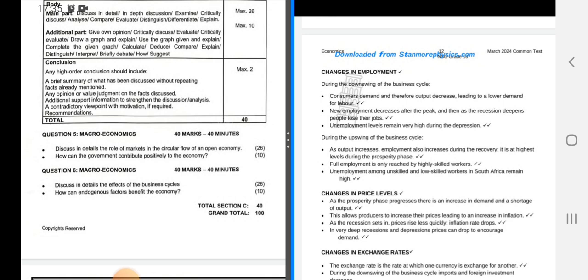So when the economy is in the downswing, consumer demand and therefore output decrease, leading to a lower demand for labor. So consumer demand goes down because they don't have money in the downswing.